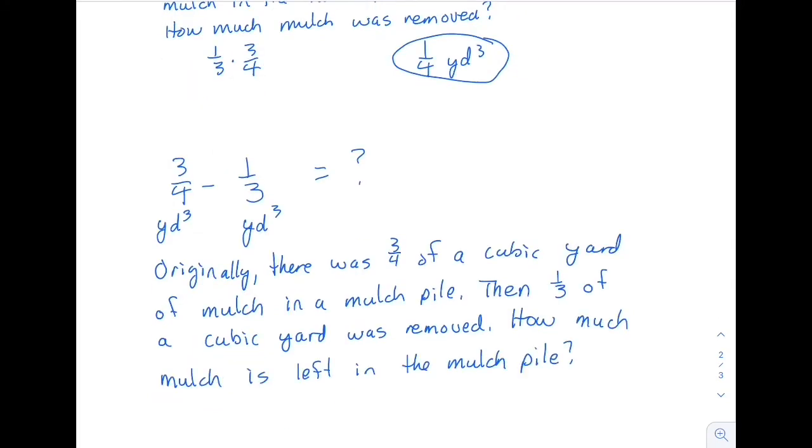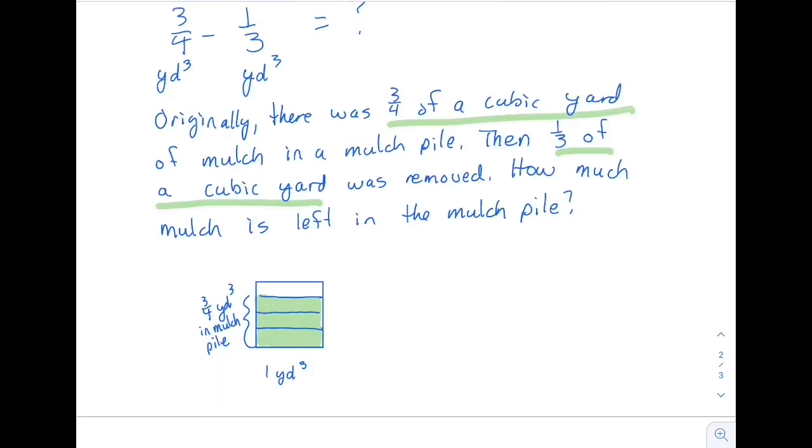Originally, there was 3/4 of a cubic yard of mulch in a mulch pile. Then 1/3 of a cubic yard, same units, was removed. How much mulch is left in the mulch pile? I started with 3/4. I'm going to remove 1/3 of a cubic yard, and then I'll see what's left.